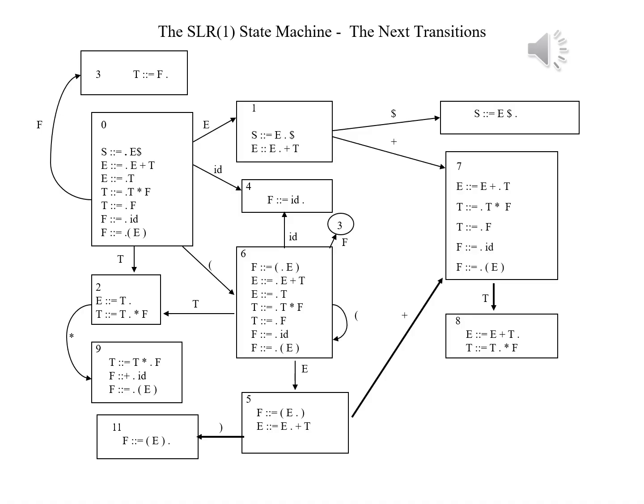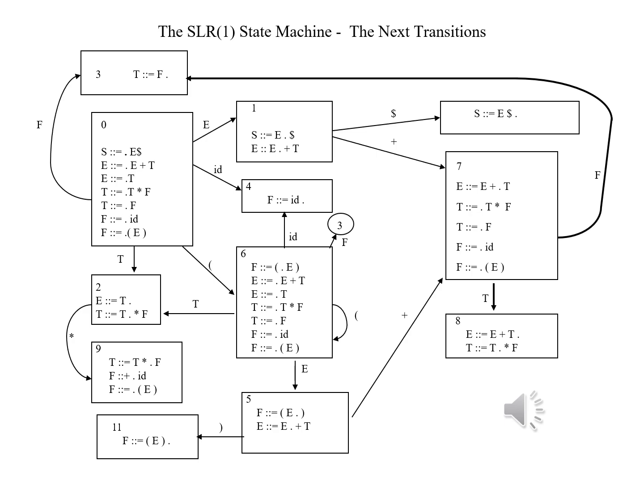T derives dot T times F will become T derives T dot times F. The transition on F, T derives dot F, will go to state 3, T derives F dot. The transition from state 7 on identifier goes to state 4, from F derives dot ID to F derives ID dot.